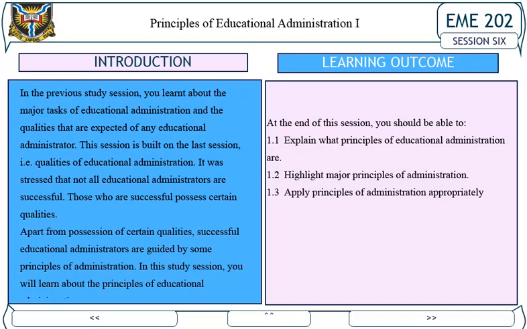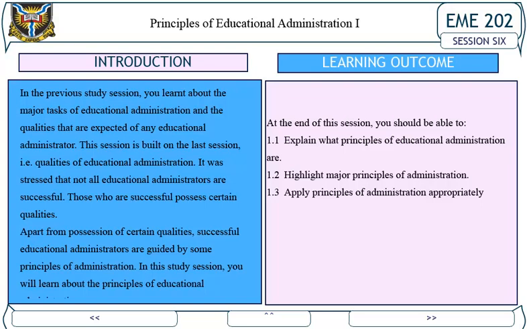Introduction. In the previous study session, you learned about the major tasks of educational administration and the qualities that are expected of any education administrator. This session is built on the last section, that is, qualities of educational administration.